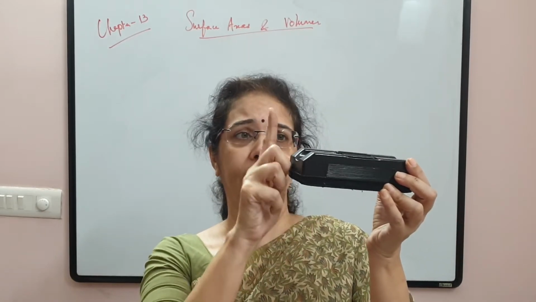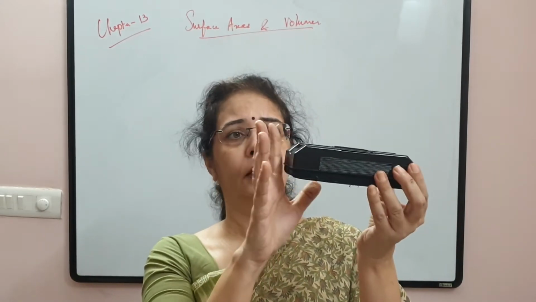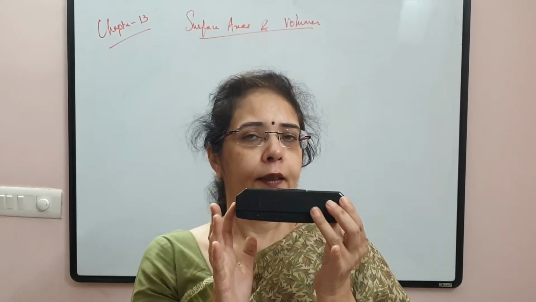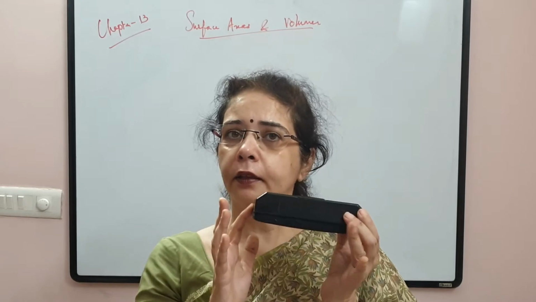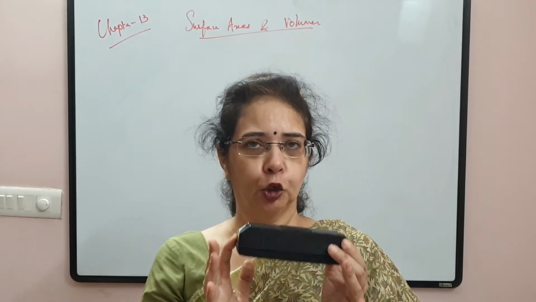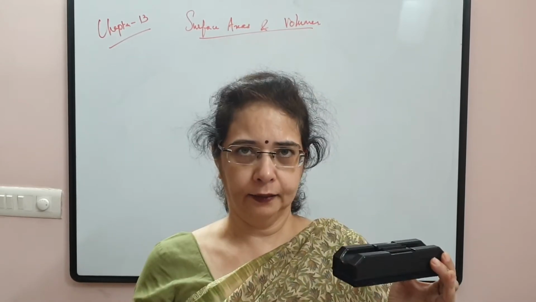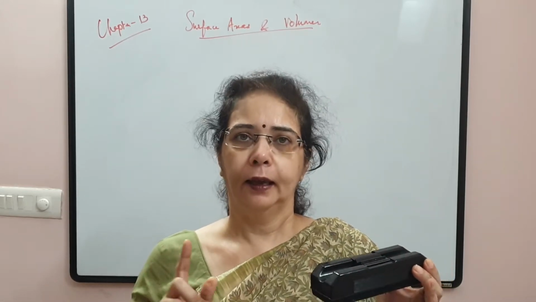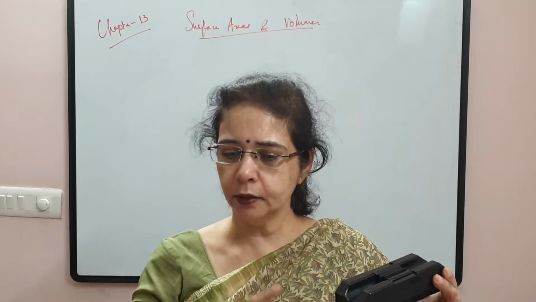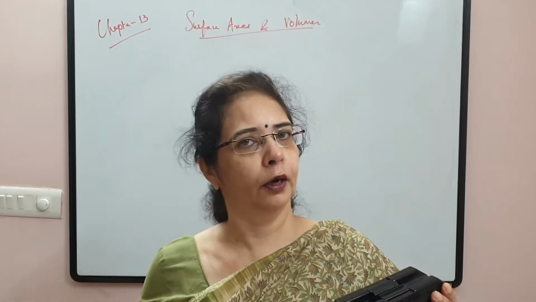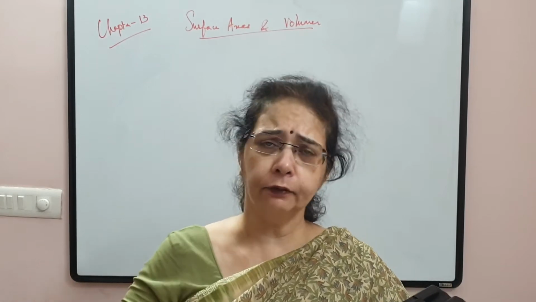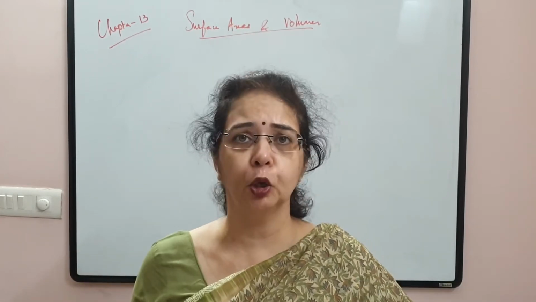And this depth of this cuboid is the height of this cuboid. That is, there are three dimensions in a cuboid: one is length, one is breadth and one is height. In a cuboid, these three can be different. L can be different from B, can be different from H. Any two of them can be the same also.